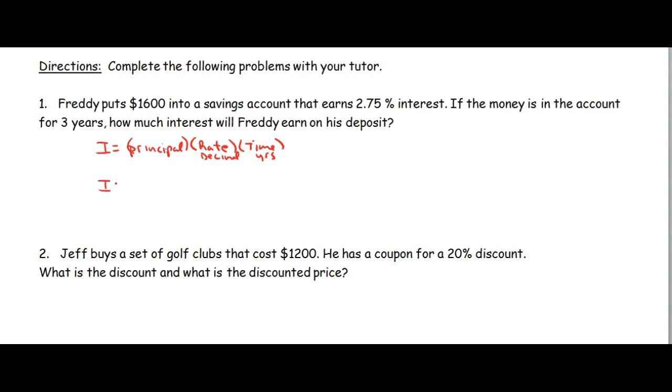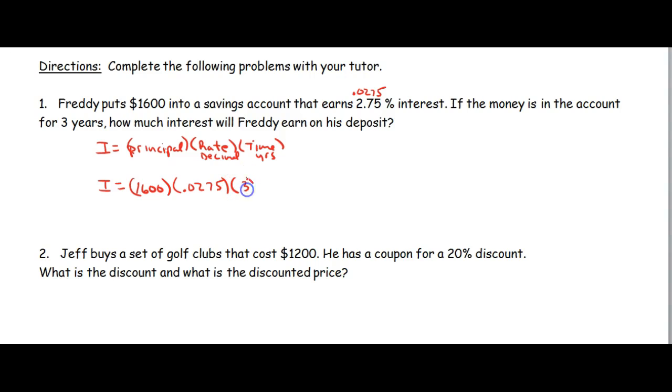So in this case, the interest he earns is going to be, we know the principal was $1,600. The rate, 2.75%, was the interest rate he was earning. But when we convert that to a decimal, we get 0.0275. So we multiply that by 0.0275. How many years did he deposit it for?